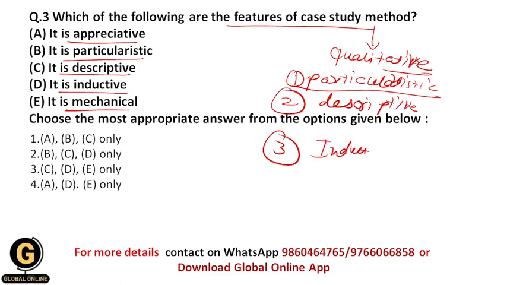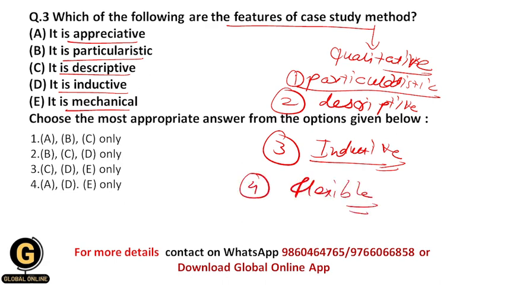Inductive means that we observe the person, we get the opinions from the person, and after that, based upon the observations and opinions, we make up a theory. This is called the inductive approach. Again, the case study method is flexible. It means that we can use various data collection methods here. There is no fixed research design. We can use different research designs based upon the situation.